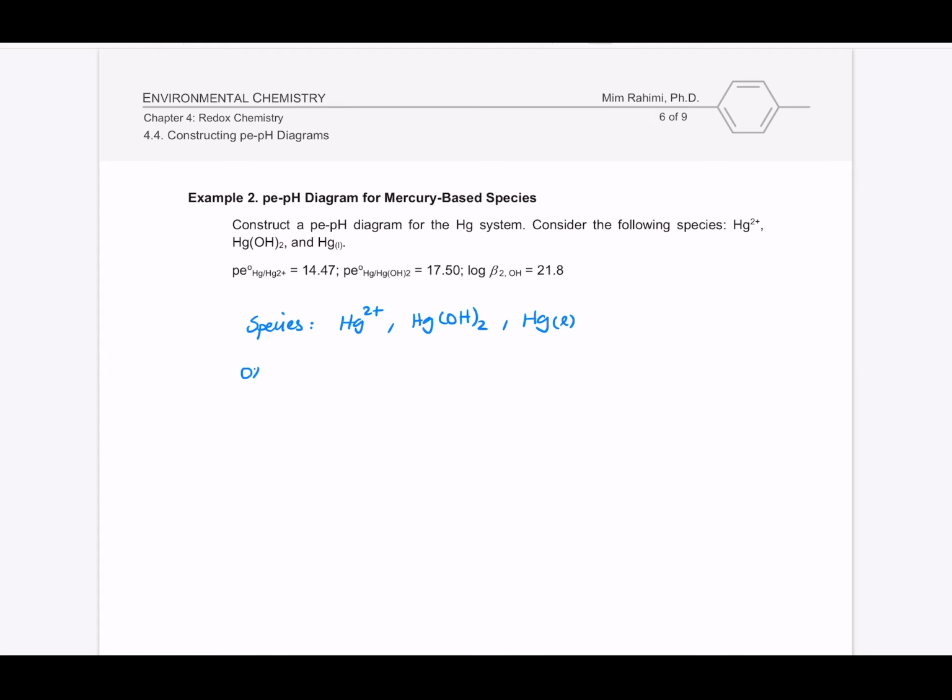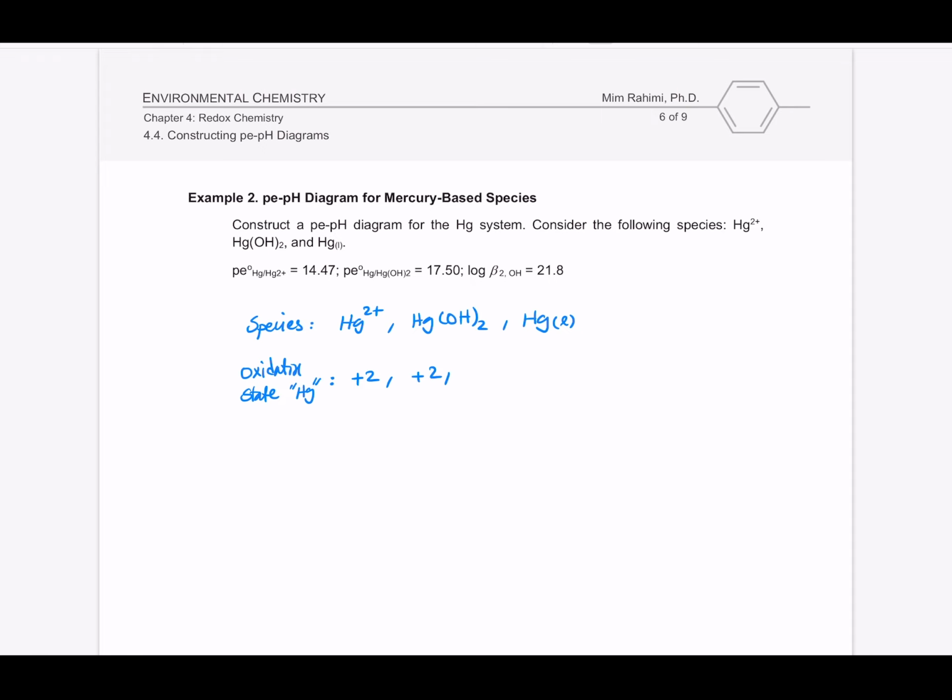One simple thing is to do the oxidation state of Hg to see what kind of potential reactions we might have. What is it for Hg2 plus? 2 plus. What is it for HgOH2? Plus 2 again.